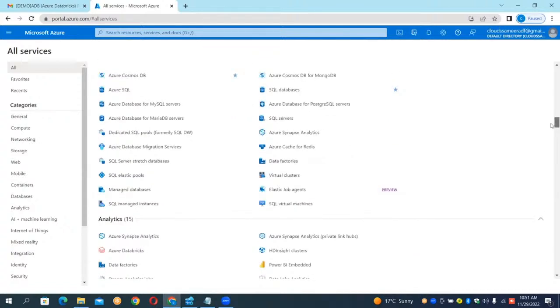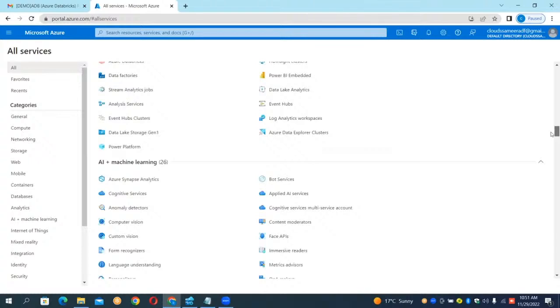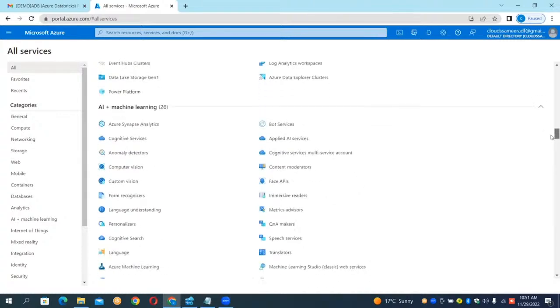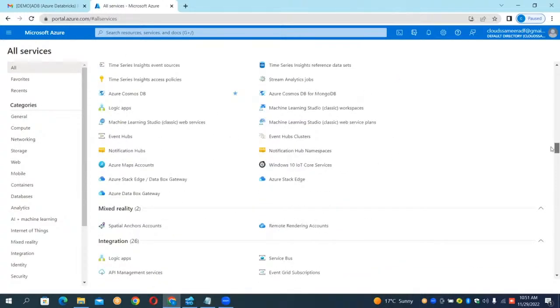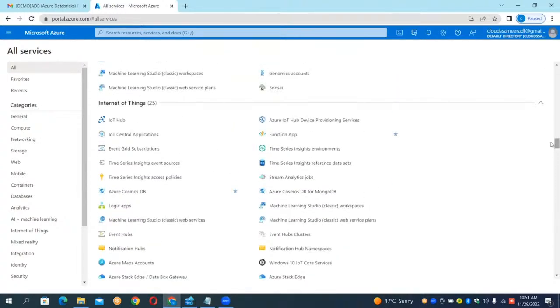Then we have some analytical services, AI plus machine learning, where AI means artificial intelligence, and IoT, the Internet of Things.